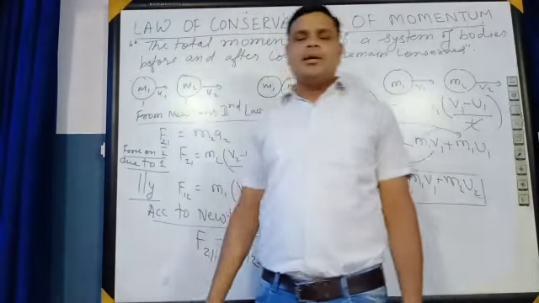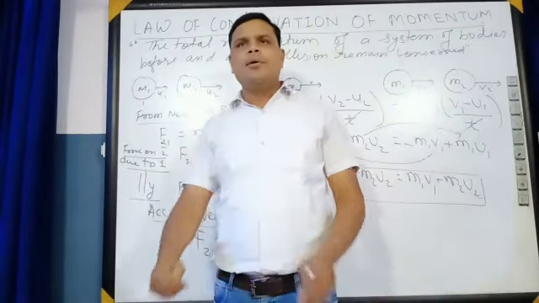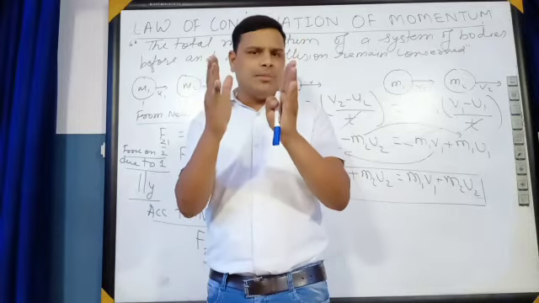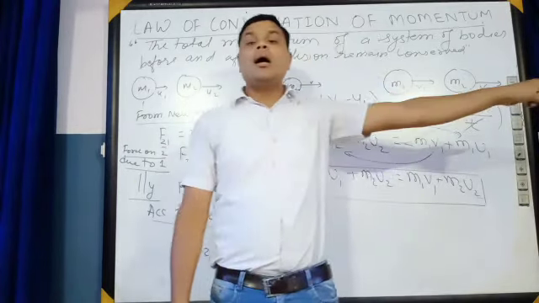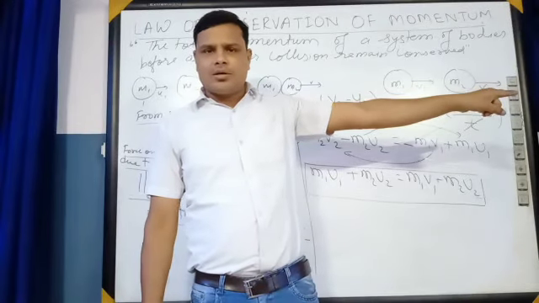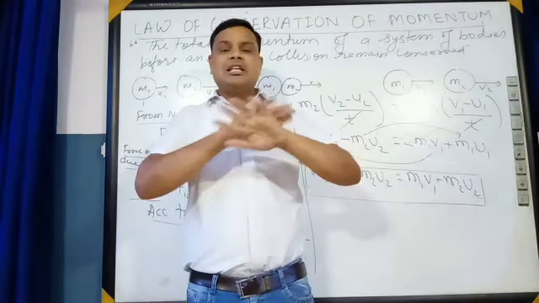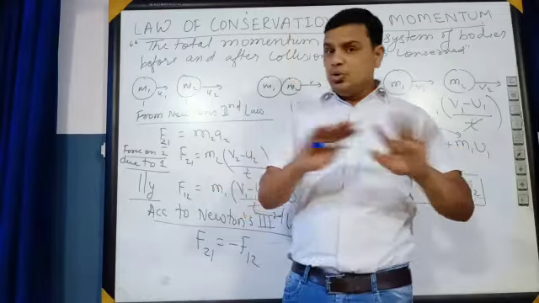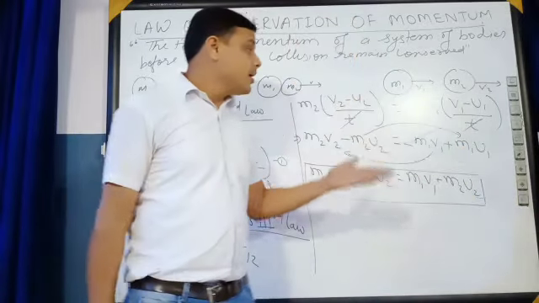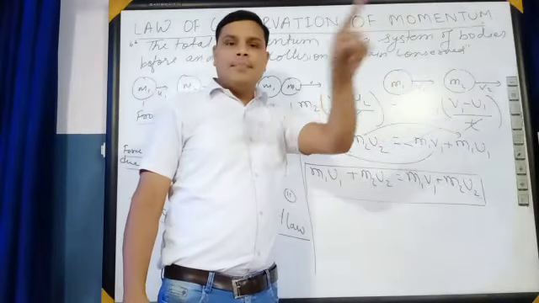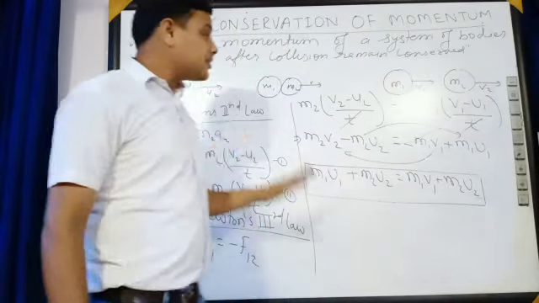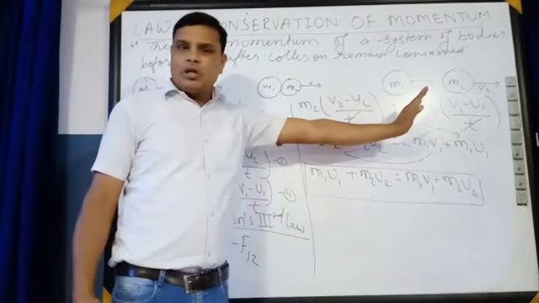Second, the law of conservation of momentum: the total momentum of a system of two or more bodies before collision will be equal to the total momentum after collision. That means momentum remains conserved. There will be no change in the momentum. Maybe velocity is changing. I have told you that mass will not change after collision, but velocity will change. But total momentum will remain conserved.